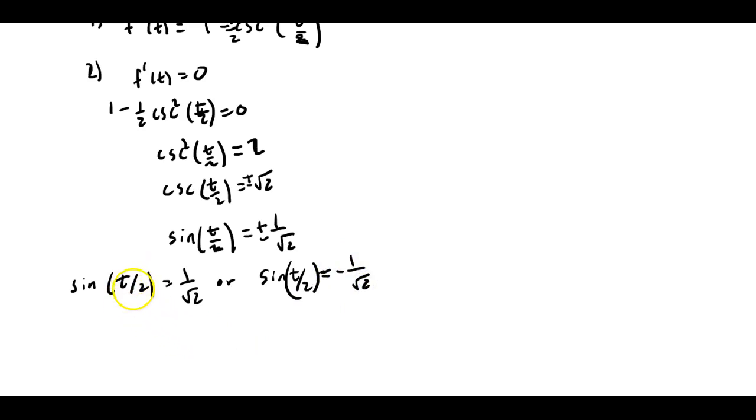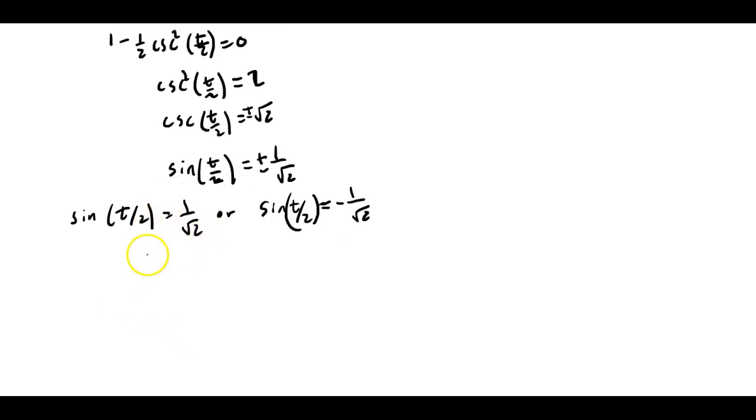If the ratio is positive, we know that sine can take on positive values in quadrant 1 and quadrant 2. The sine of an angle that corresponds to pi over 4 is going to give you 1 over root 2, or the sine of an angle whose reference is pi over 4 will give you 1 over root 2. So in quadrant 1, that means t over 2 is going to be pi over 4 plus 2 pi k, or t over 2 will equal 3 pi over 4 plus 2 pi k.